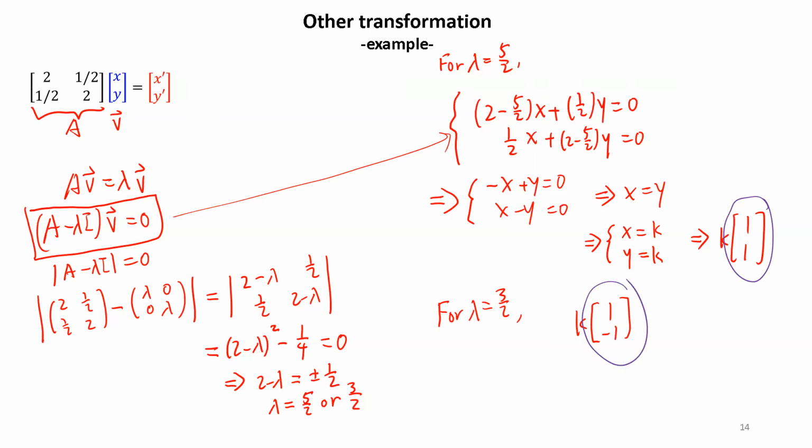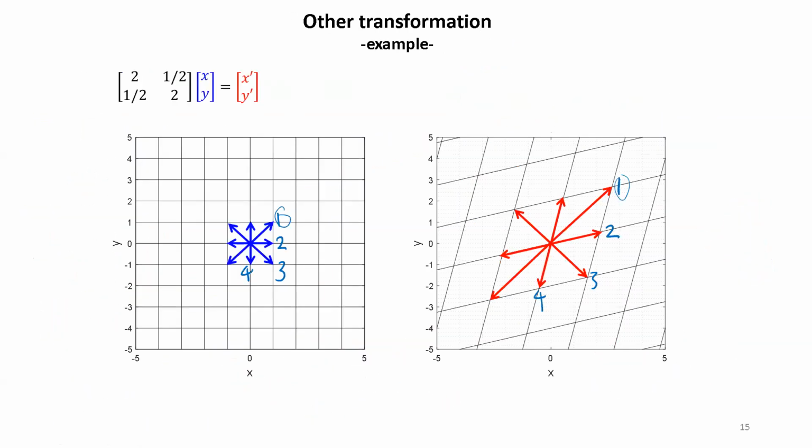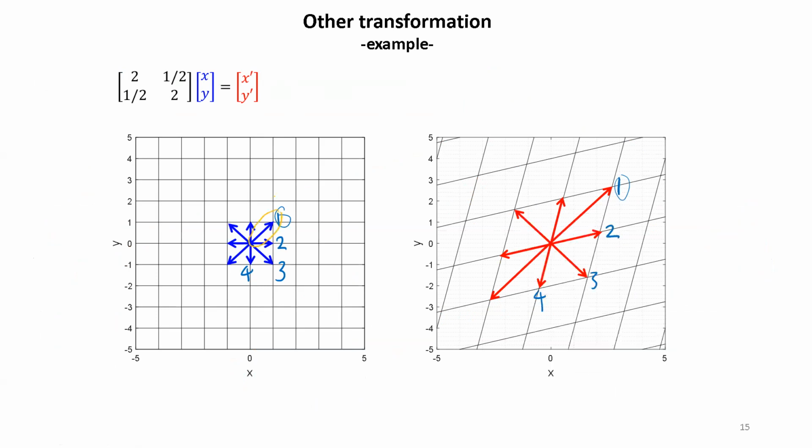Now I want you to again look back to this picture here. In fact, this is the 1, 1. And now you can see that this is the eigenvector, right?